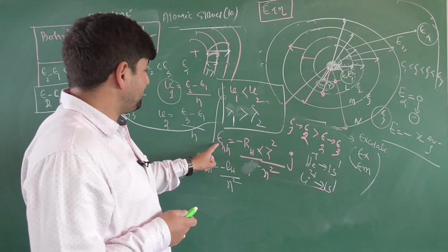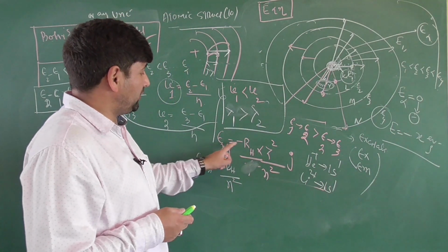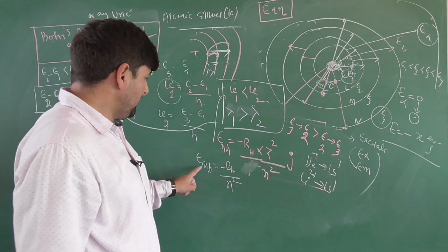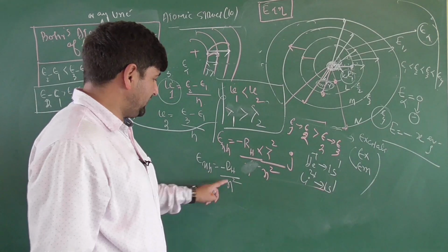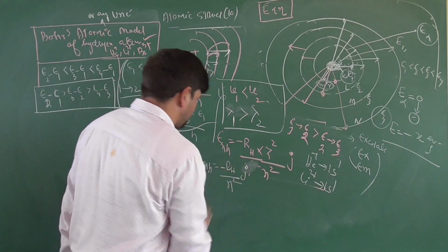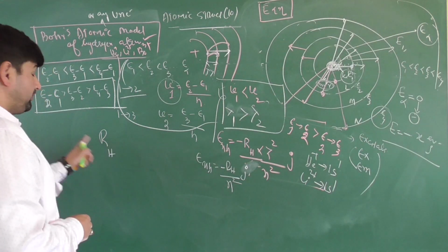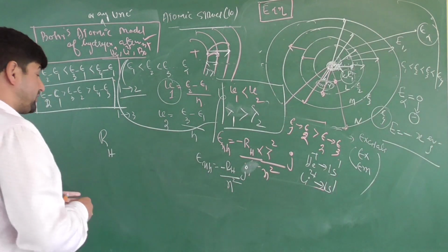So what is the energy? According to Bohr's model calculation, energy equals minus RH into Z square by n square joules. The energy of the nth orbital of hydrogen is given by minus RH by n square joules. Remember, children, this RH is Rydberg's constant, which we will cover when we deal with the atomic spectrum of hydrogen.